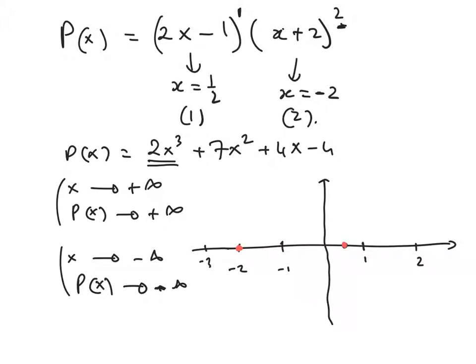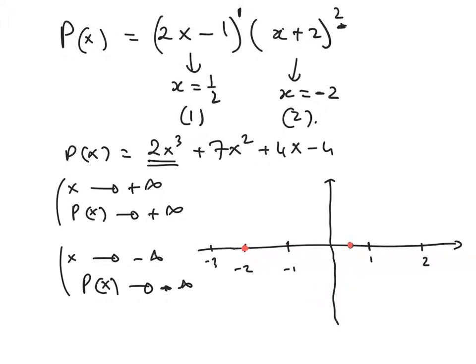We also have 0 at x equal to -2. Now as x becomes very large, going in this direction, P of x becomes large, so the arrow will be up here. On the other side, when x becomes very small, the polynomial is becoming very small, so we put an arrow going down.